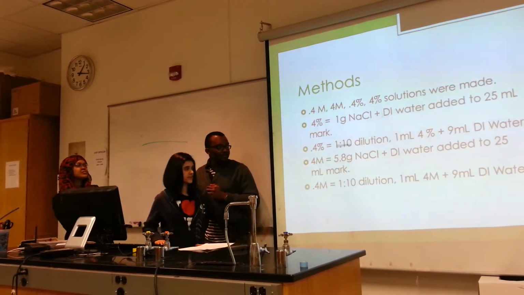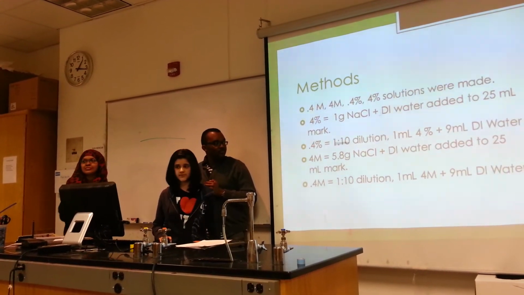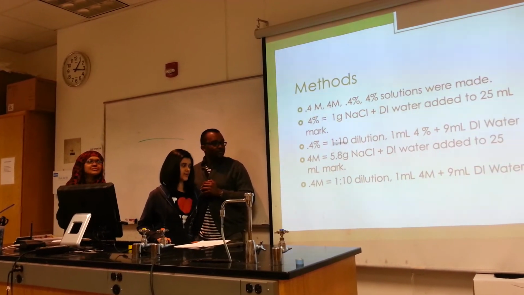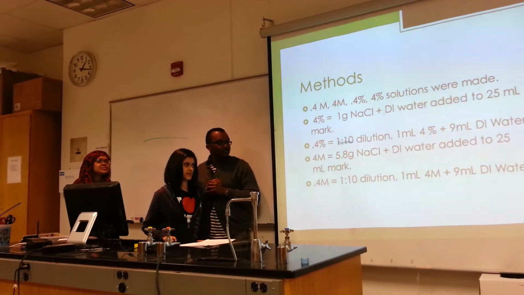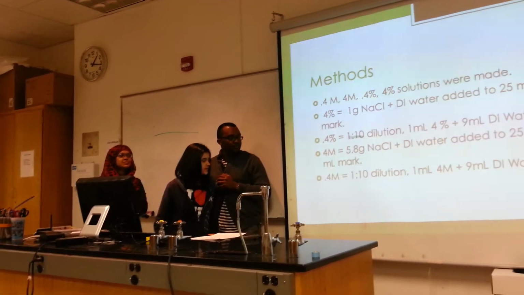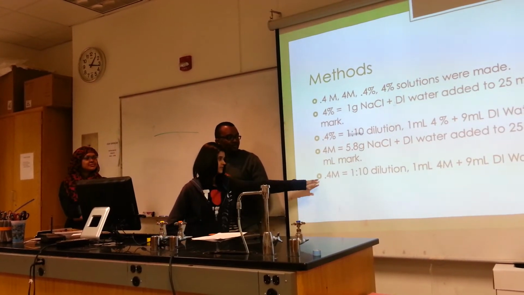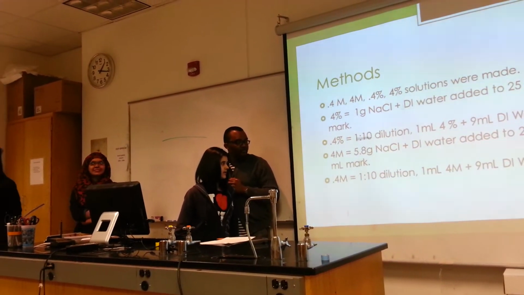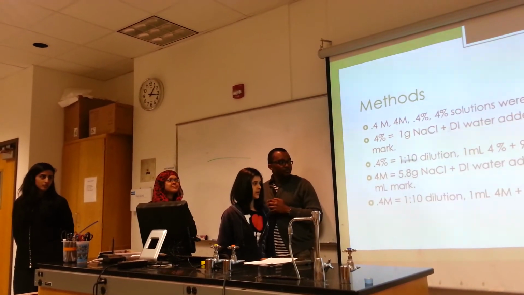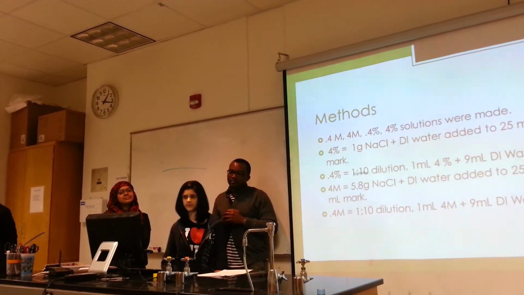We use this 4% solution to make a 0.4% solution, and we did a 1 to 10 dilution, which means basically we used 1 milliliter of 4% and then added 9 milliliters of DI water to it. We basically did the same thing to make the 0.4 molar solution. For the 4 molar solution, we added DI water up to the 25 milliliter mark to 5.8 grams of NaCl.